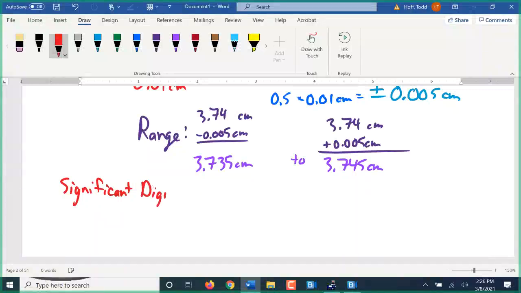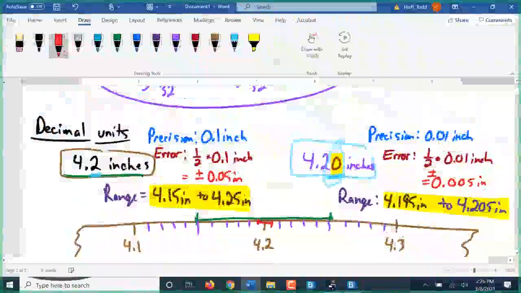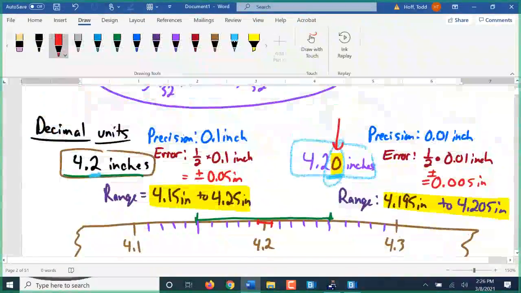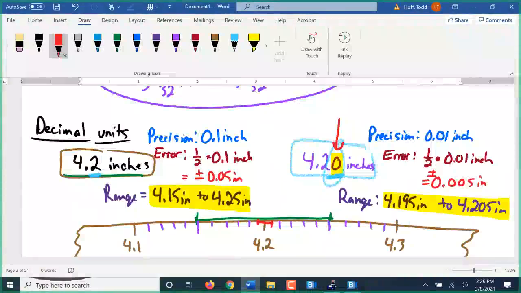In other words, digits that tell us something about the number. Up here, this 0 is considered a significant digit because it tells us that we actually did measure down to that 100th of a centimeter. It's important. It tells us something about the measurement.